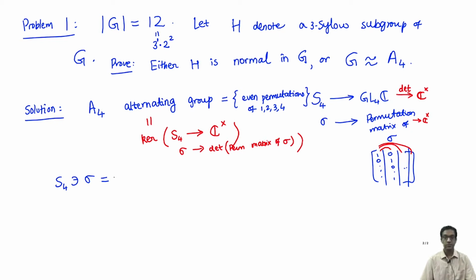What's a transposition? A transposition is just a permutation of the form (i j), which means that it leaves all the other numbers fixed and sends i to j and j to i. So this sort of permutation is what we call a transposition, and it's a fact that any permutation can be written as a product of transpositions.